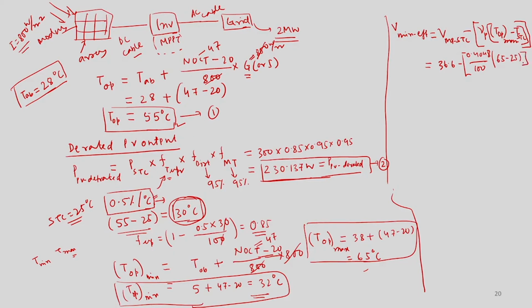If we substitute, we get a value of 36.43 volt. This is V minimum effective.